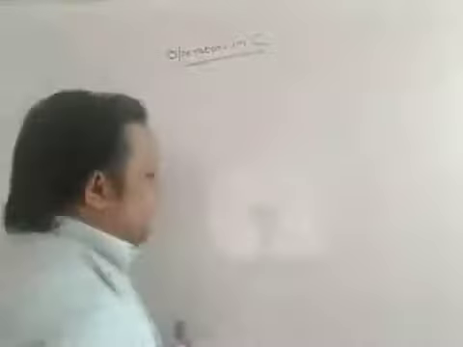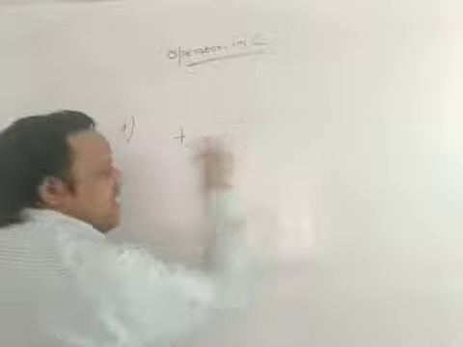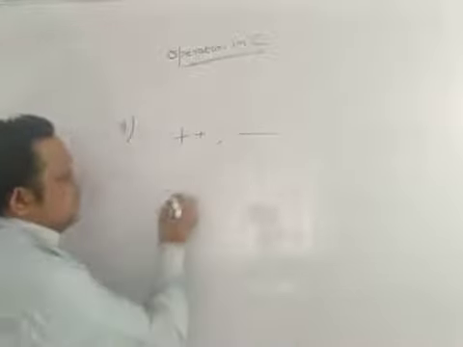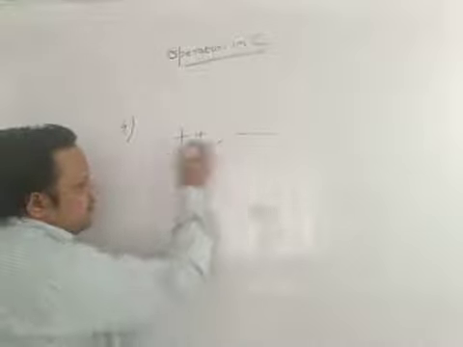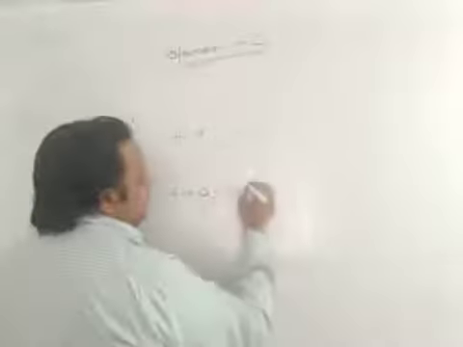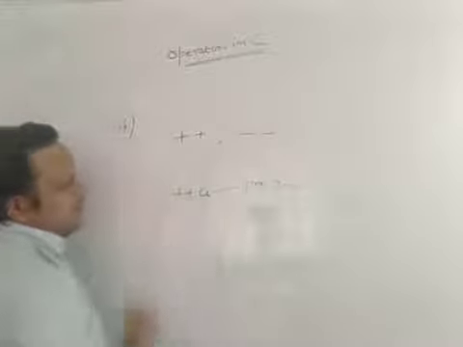Now moving further, we have operators increment and decrement. Again, very important. Students get so much confused in these. So if this operator is before the variable, it becomes a pre-increment because you are incrementing the value.